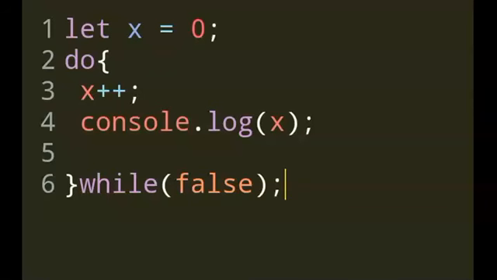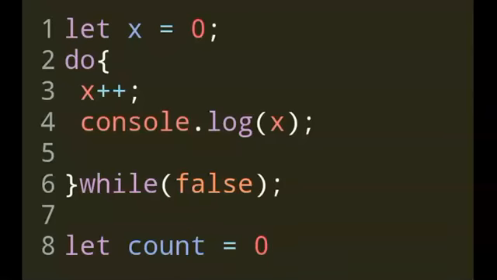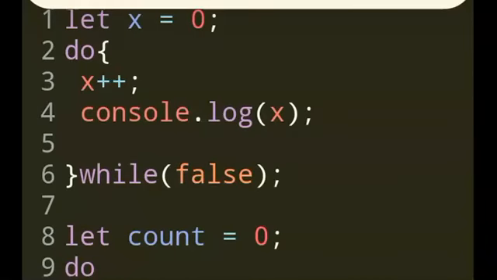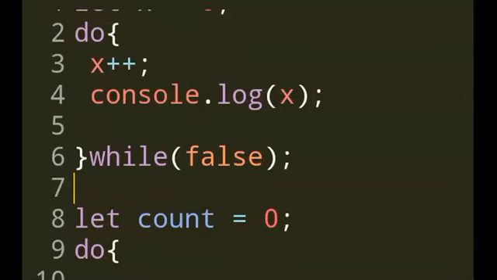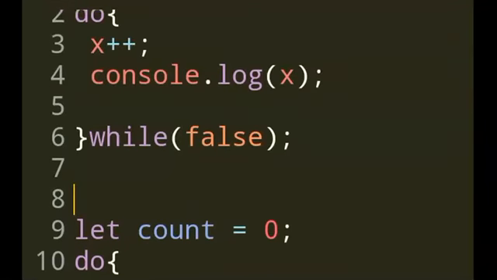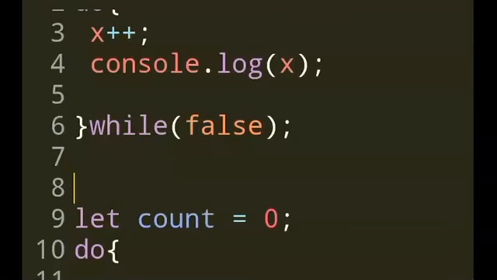Okay, let's consider one more example. Let the variable be let count, set to 0, initial value. Then execute this under do.